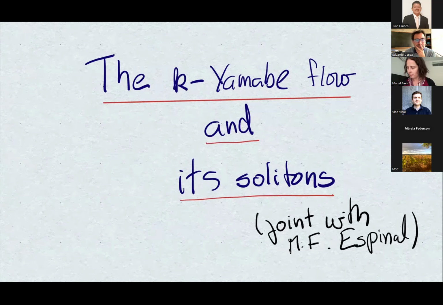There's some issue with the connection, I think, because the screen is not moving. No, it's not moving. We can see your mouse moving out. That's weird. Okay, let me try. Why is it not moving?